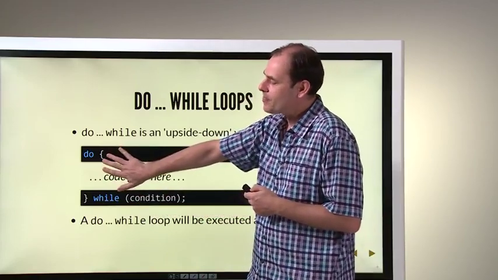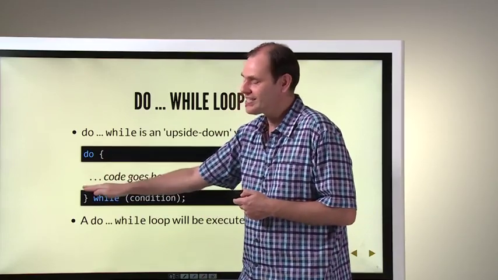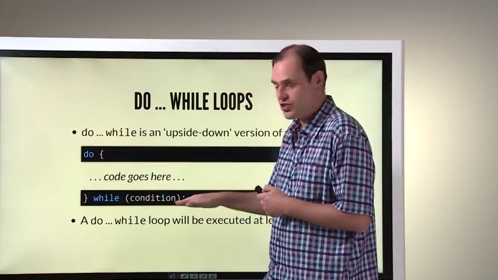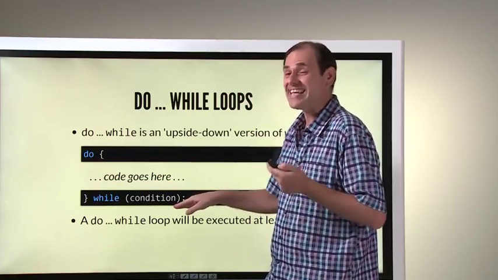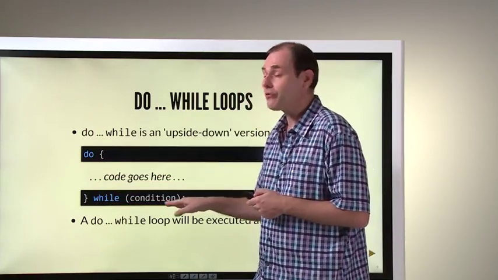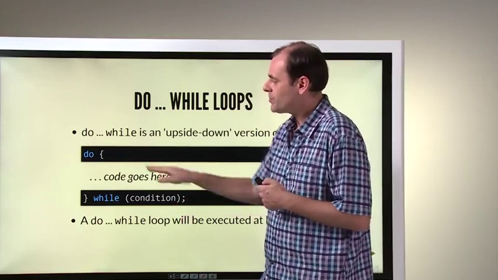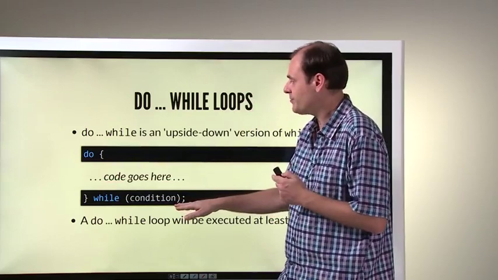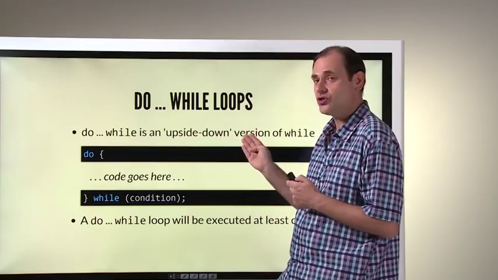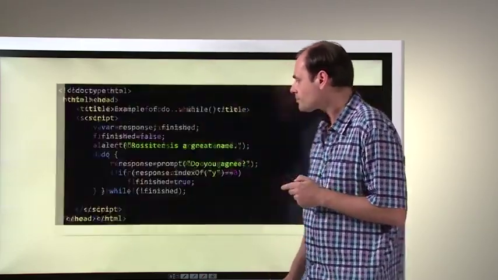The difference is that it's guaranteed to do this once, and then it does the check. That's different from the previous one. The previous one maybe never does anything because it does the check first. This one does something and then does the check. It's kind of an upside down version of a while loop.